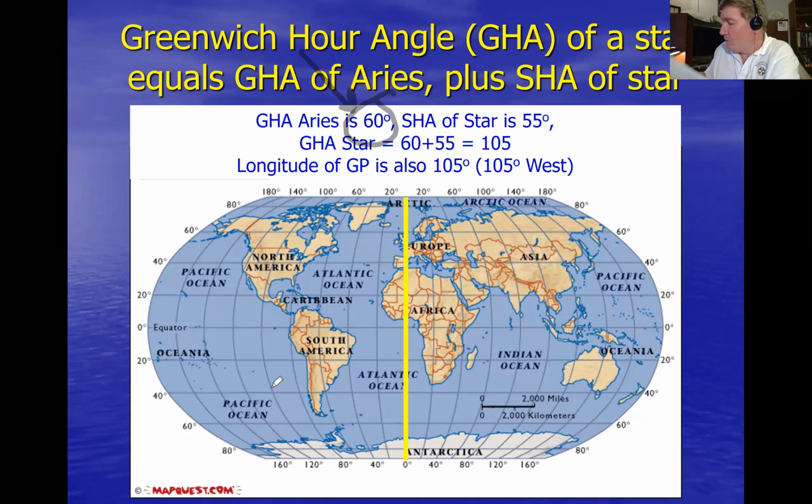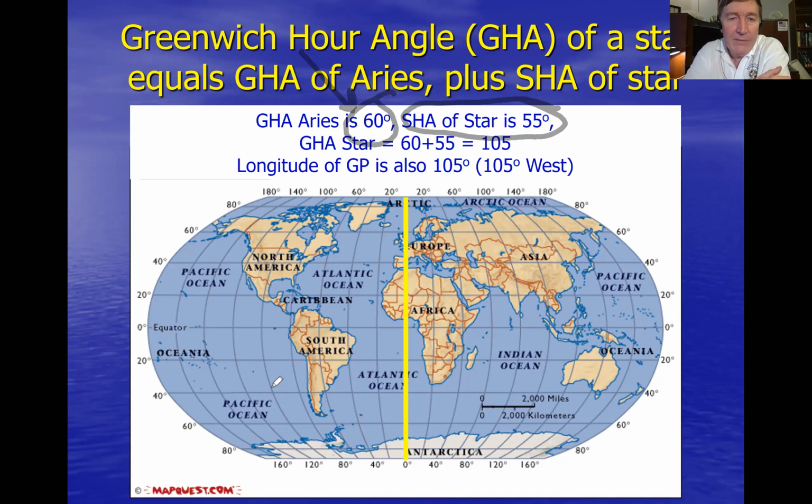And then we look in the table over here, and it tells us what is the SHA for all 57 stars. And so we look for the star that we measured. And so let's suppose that it tells us that the SHA of the star that we're interested in is 55 degrees.